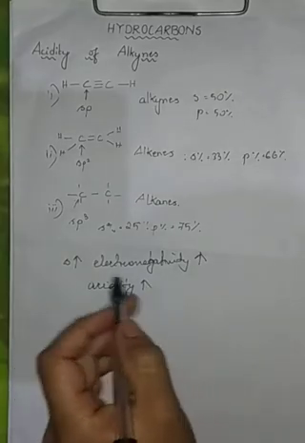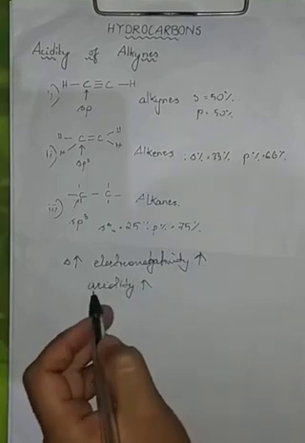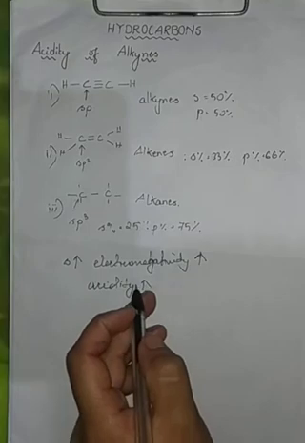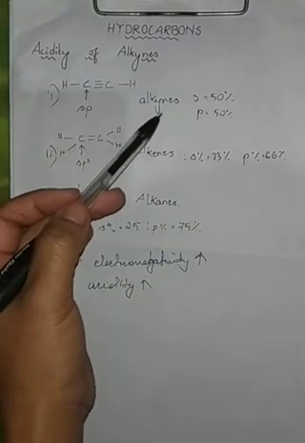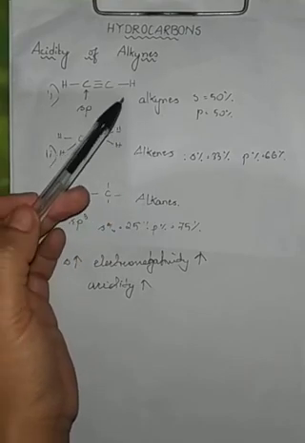Therefore, if S character is more, electronegativity will increase, thereby increasing the acidity of the molecule. Comparing the three hydrocarbons, alkynes have more S character. Therefore alkynes will show an acidic character.